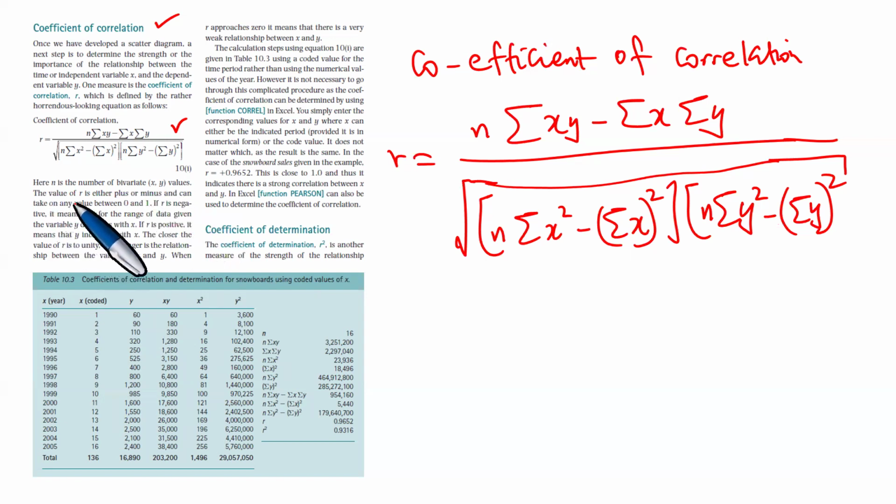The value of R is either plus or minus and can take on any value between 0 and 1. If R is negative, it means that for the range of data given, the variable y decreases with x.